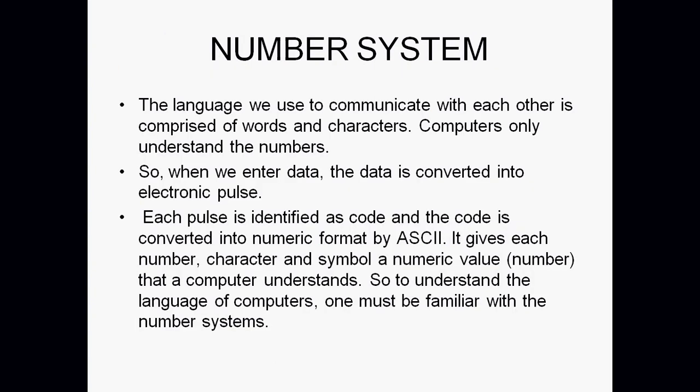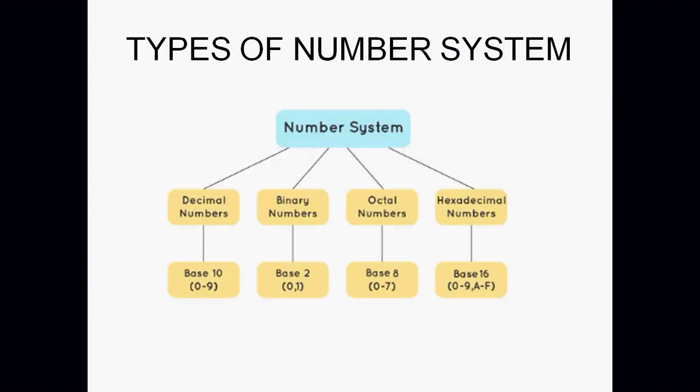We know that the number system plays a vital role in the digital environment, mainly used to communicate with each system, as well as in memory representation. Number systems are broadly classified into four types: decimal number system, binary number system, octal number system, and hexadecimal number system.